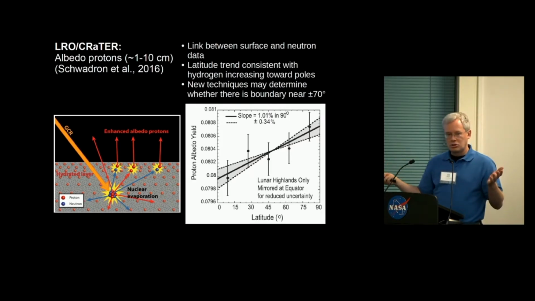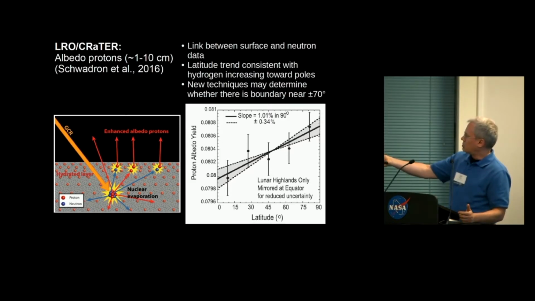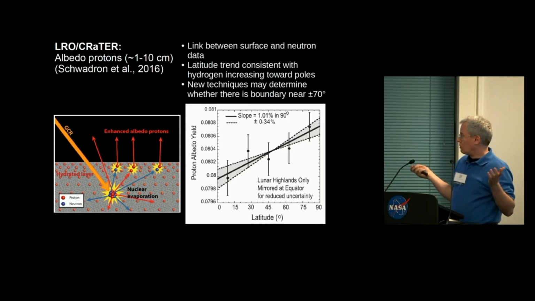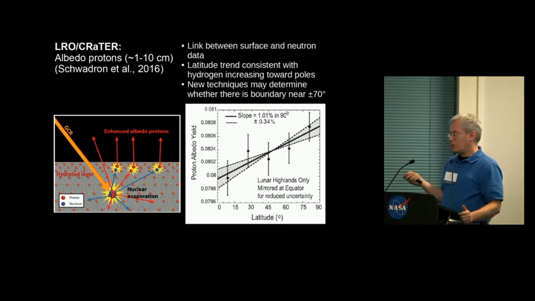The neutrons either slow down or stop entirely, energize a proton, which then travels up out of the regolith. So if you have a neutron detector up here, they're going to see a reduction in neutrons over a hydrated layer, in other words, over the pole, whereas we, in theory, would see an increase in albedo protons.